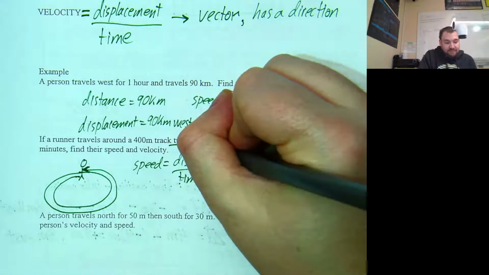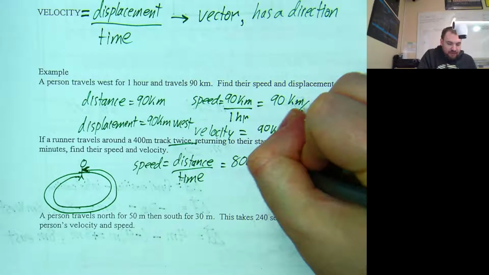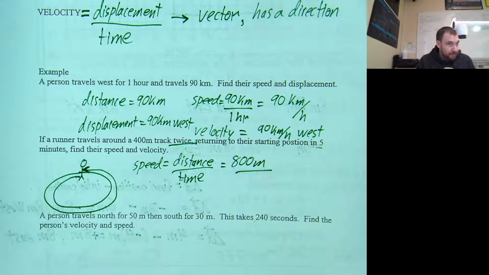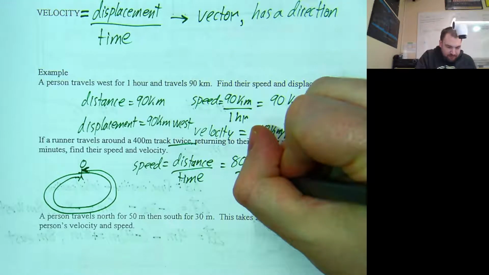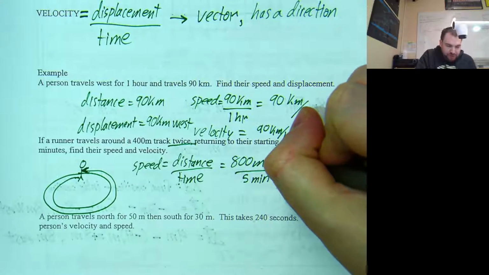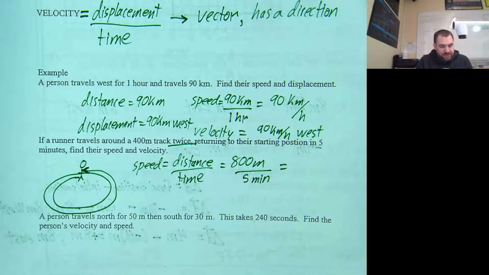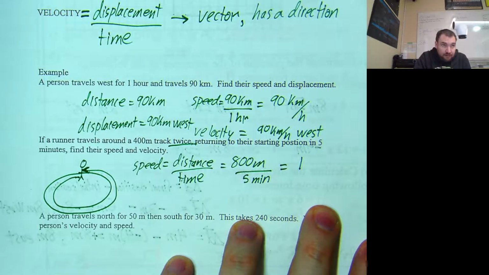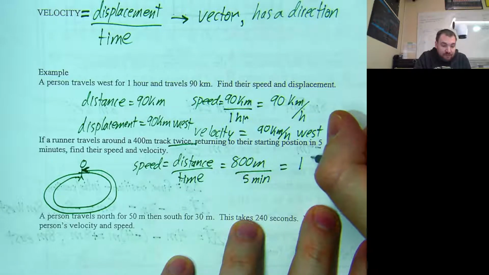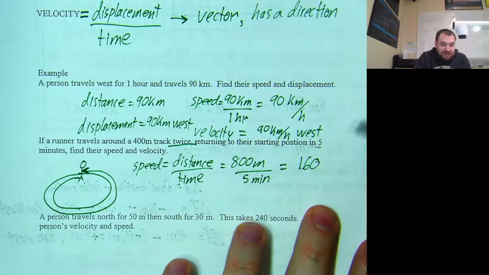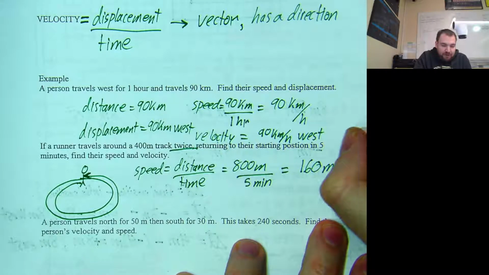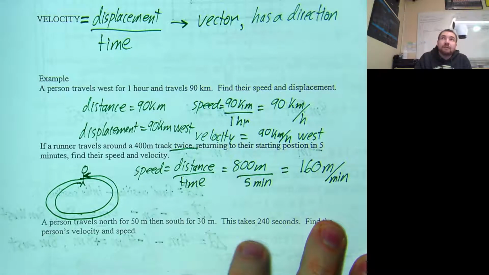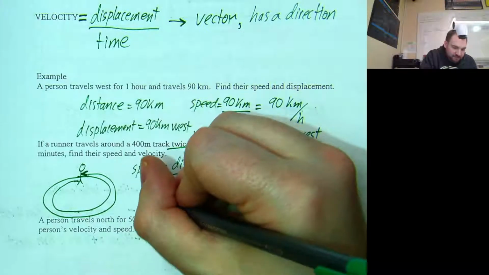They did it twice. It's 800 meters. And what's the length of time? Okay, it's 5 minutes. So their speed now is going to be what? What's 800 divided by 5? 160. And the units are meters per minute.